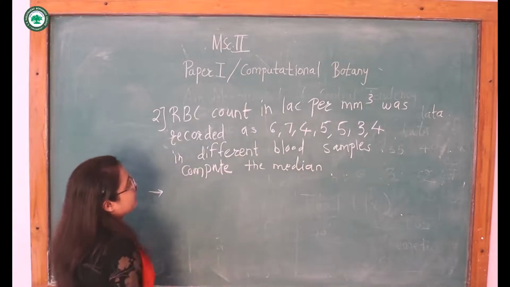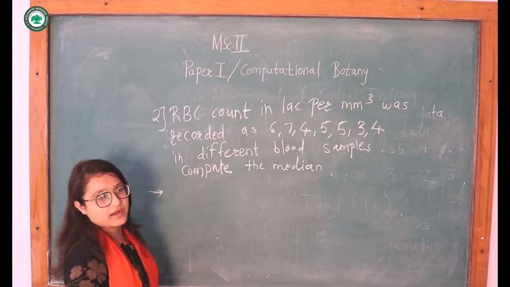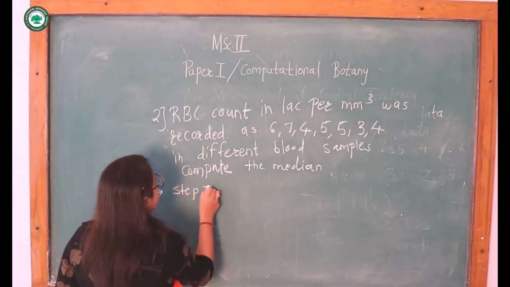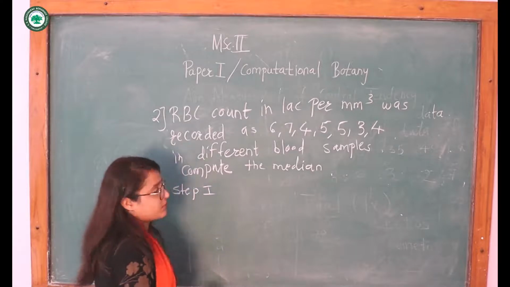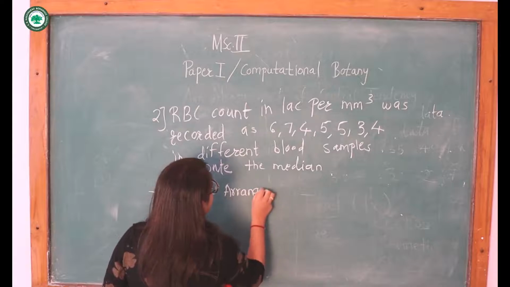The formula of median is the (n plus 1) upon 2 th item. Before that, the first step is the arrangement of the data. Arrange the data in ascending order.